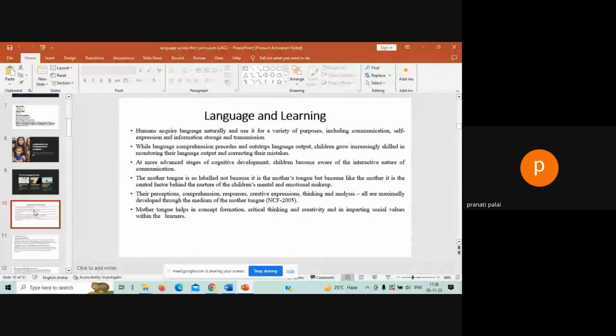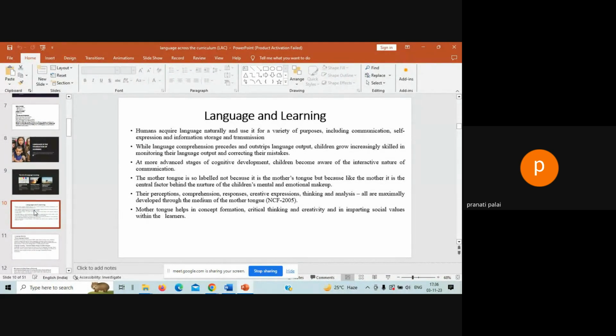So it is the role of the teacher to draw out the creative expression, to create a situation where the child will feel free to show his enthusiasm, his creativity, his critical thinking. He has a creative mind, he will discover, he will analyze. So these capabilities will be developed.